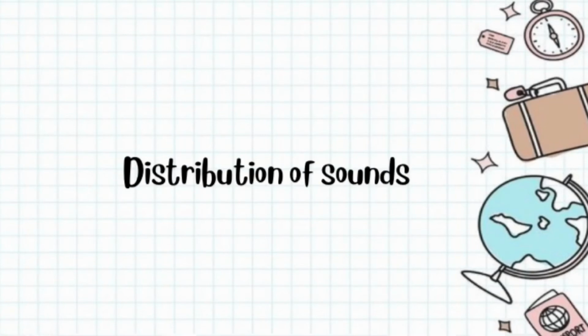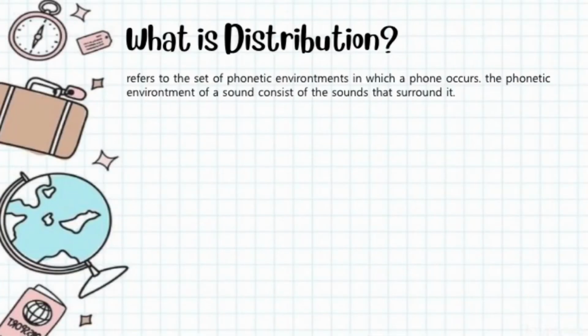After we know phonemes and allophones, next let's discuss the distribution of sounds. But before that, we should know what distribution is. The distribution refers to the set of phonetic environments in which a phone occurs. The phonetic environment of a sound consists of the sounds that surround it.